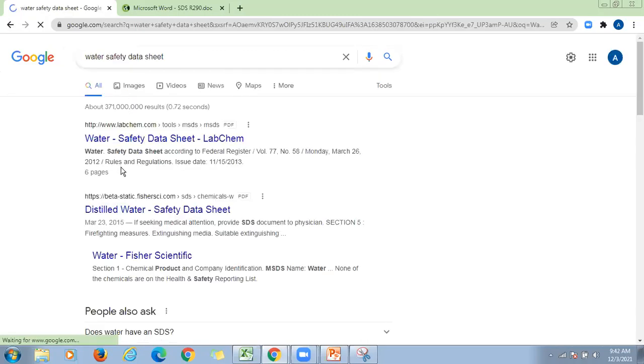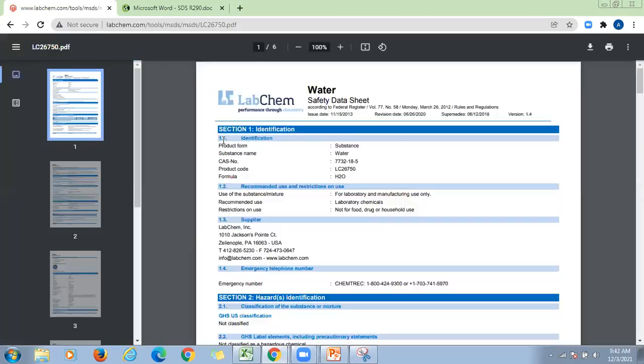Thermodynamics is one aspect when it comes to application of water. For drinking purposes, there are a lot of purposes of having water. So water safety data sheets may not be the same as what we are seeing in R290.